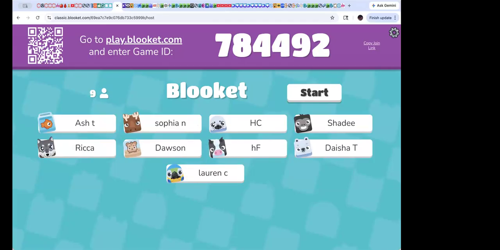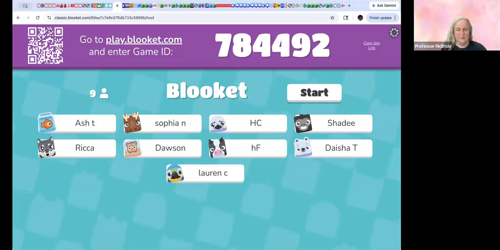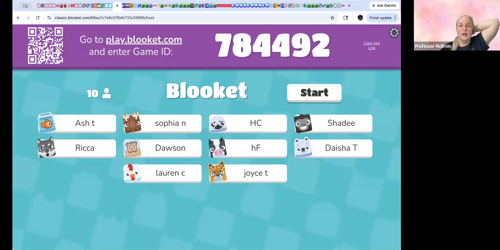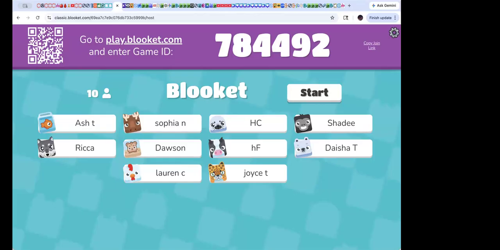You don't see the QR code? Mine says this room is closed. Did you scan the QR code? Close that window. Yeah, you have to close that window. We have to start over. Oh, okay, I see it now.